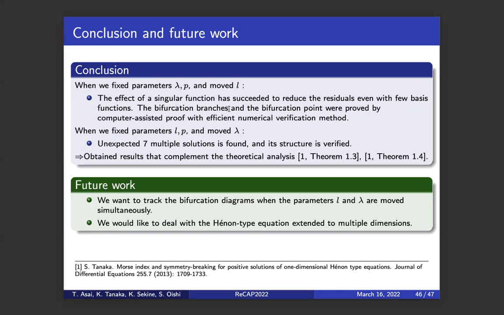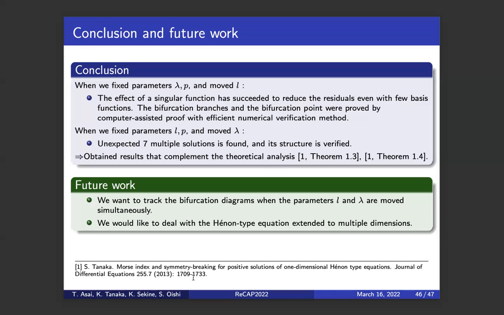And when we fixed parameters L and P and moved the parameter lambda, we found unexpected 7 multiple solutions, and its structure is verified. Therefore, we obtained results that complement the theoretical analysis in this study.